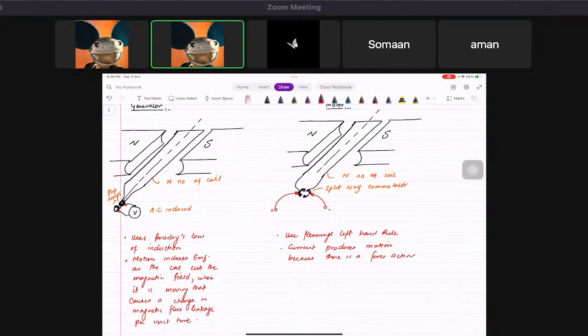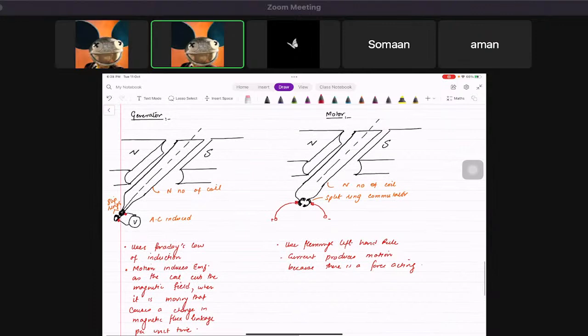So in a generator, the motion produces the EMF. In a motor, the EMF basically helps it to move. That's the opposite thing, and that's why they're designed differently. We don't really need to know why there's a commutator, why there are slip rings. We just need to understand why these two different laws are being applied here. Okay, like that.